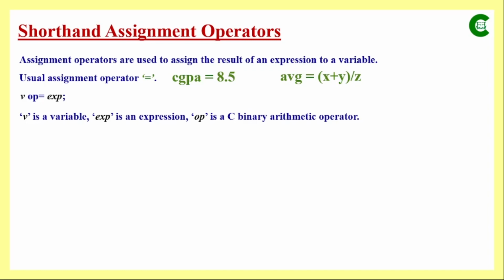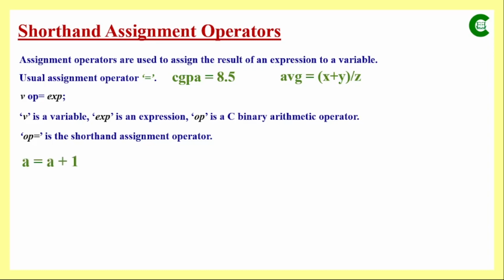Exp stands for the expression that I have talked about, that we evaluate and write on the right hand side. Here op is the binary arithmetic operator that C supports, and this equal sign that you are already familiar with is the normal assignment operator. And this op followed by the assignment operator or equal sign, the whole thing is called the shorthand assignment operator.